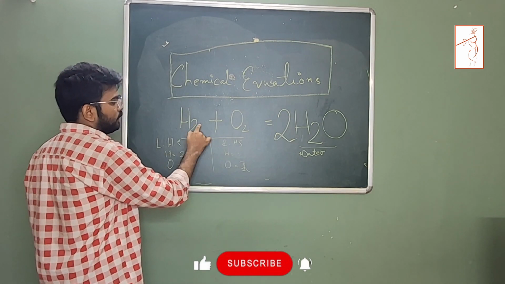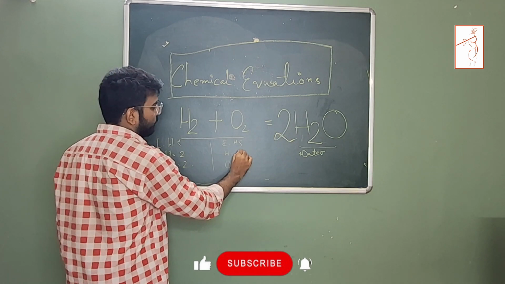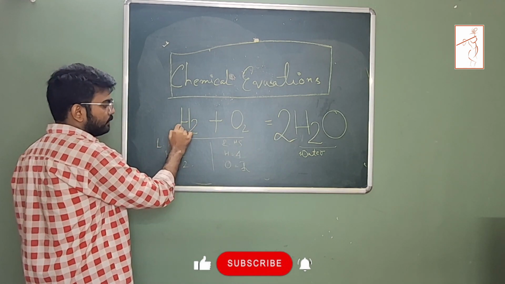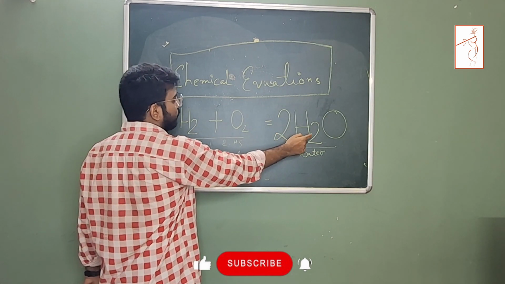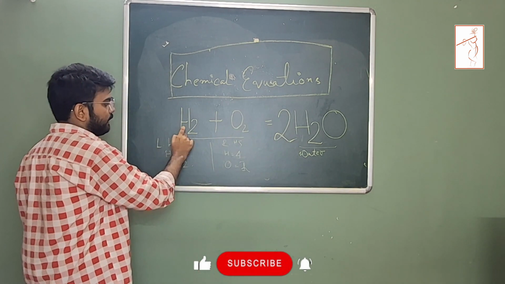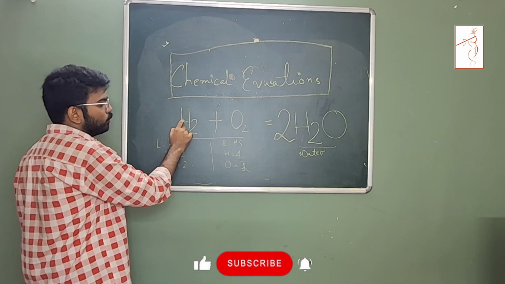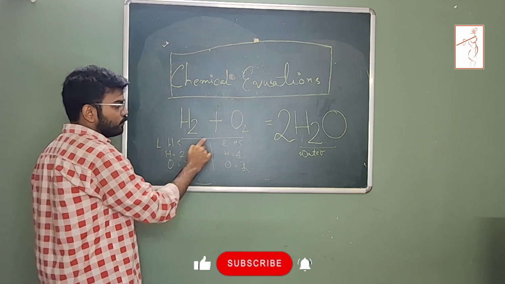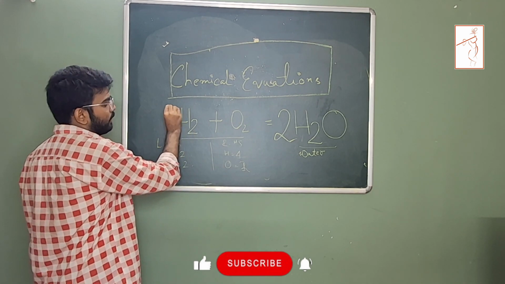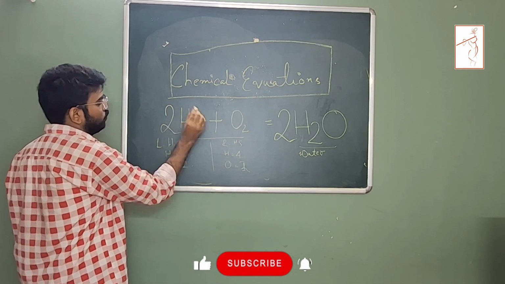But on the right-hand side there are 4 hydrogen, while on the left-hand side, the reactant side, there are 2 hydrogen. So to balance it, we write here 2.